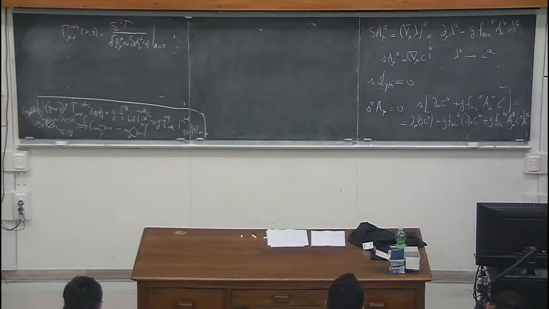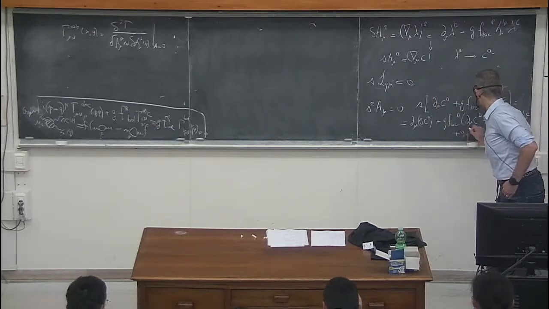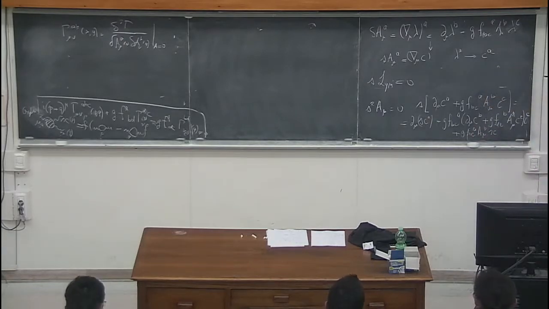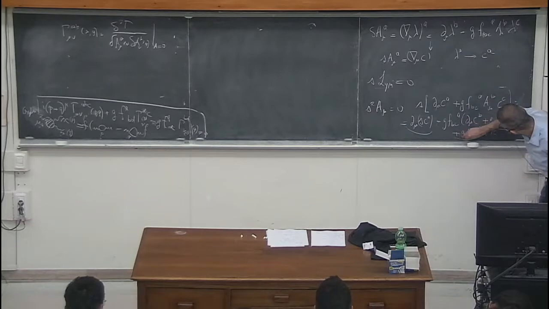And then additionally, I still have to act on C. So finally I will write on the other side of the blackboard: g f^{bca} A_mu^b S of C^c. Now this piece and this part are going to be together.